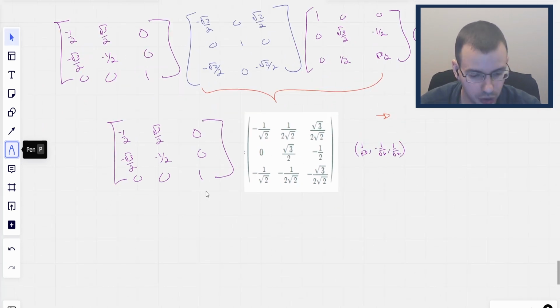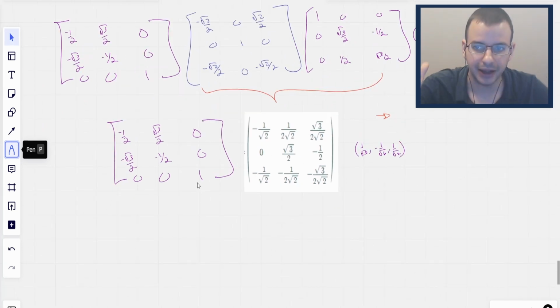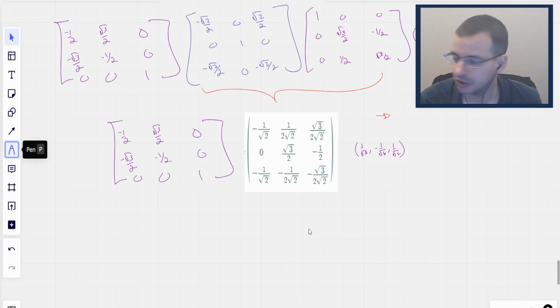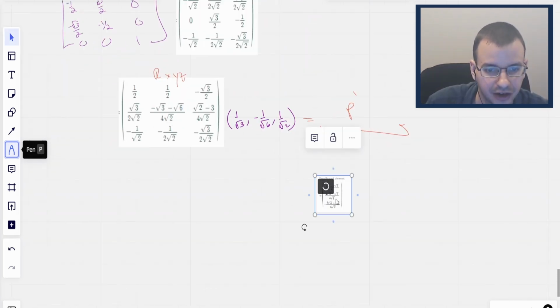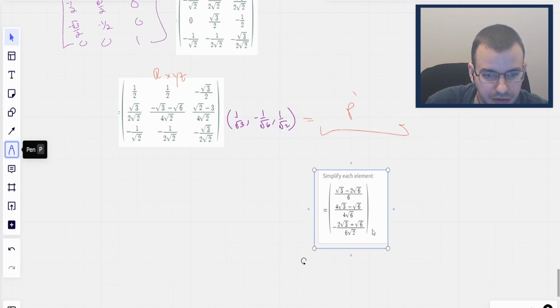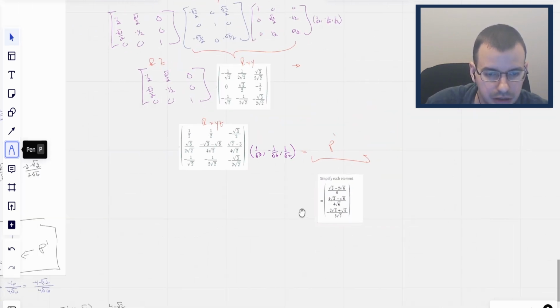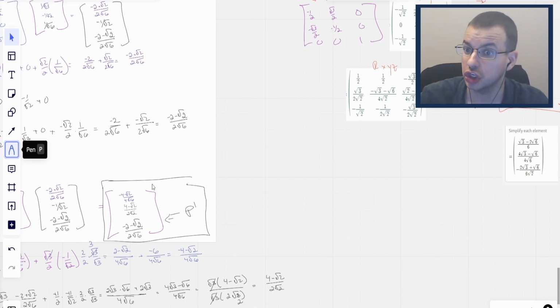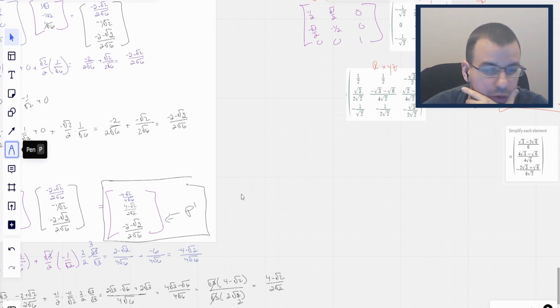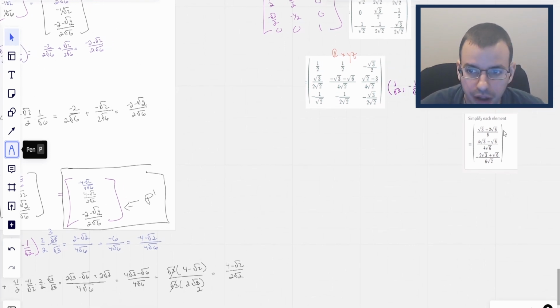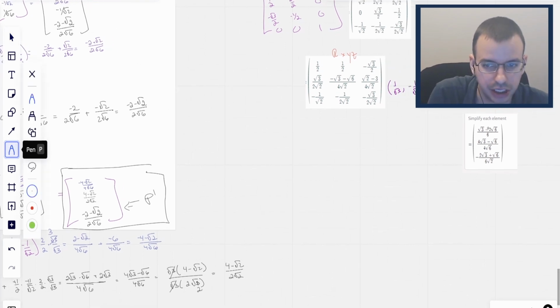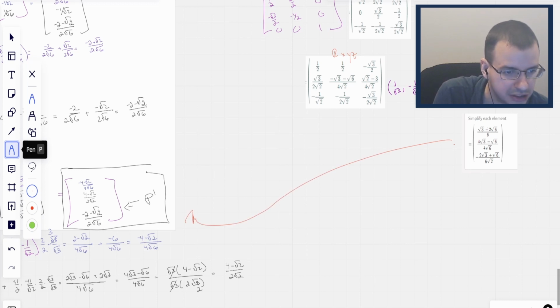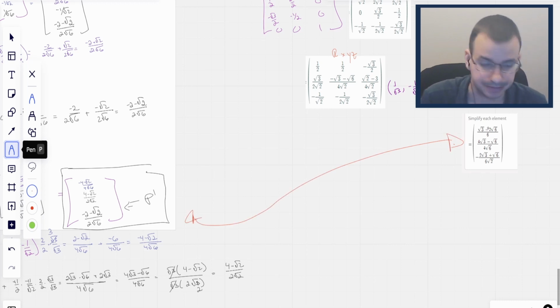So now we need to do this multiplication to combine these two matrices, which gives us a final answer for P prime of this, which may or may not be the same as this one. Ideally it should be, but with this many mathematical calculations, I might have made a mistake somewhere. So ideally these two then would give us the same answer.